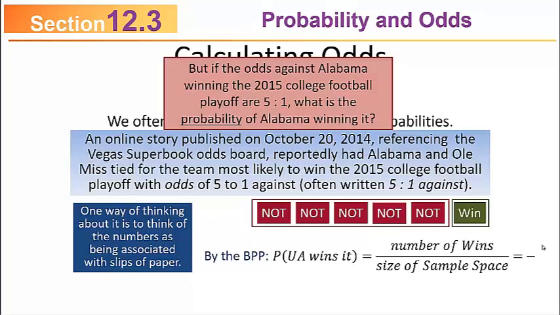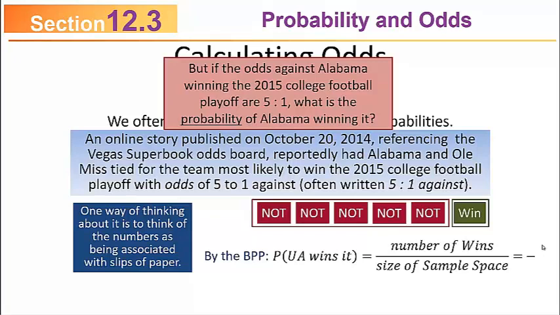By the basic probability principle, the probability that UA wins this thing, that being the 2015 college football playoff, would be the number of slips up there that say win over the total number of slips up there. In other words, I've got 5 slips that say not win versus 1 slip that says Alabama does win.